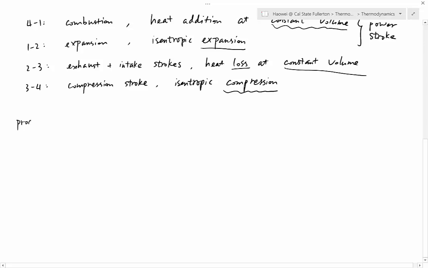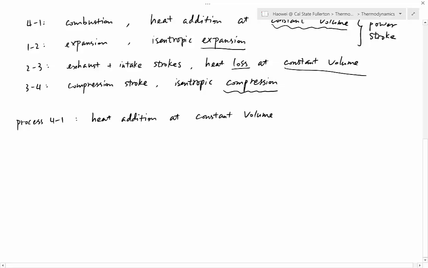For process 4 to 1, which is heat addition at constant volume. Okay, so we're looking for the work and heat transfer of this process.